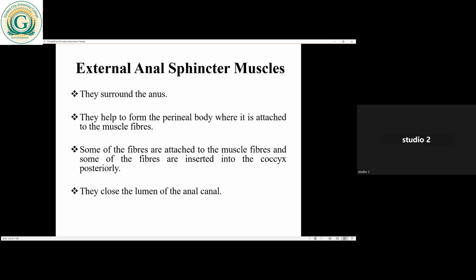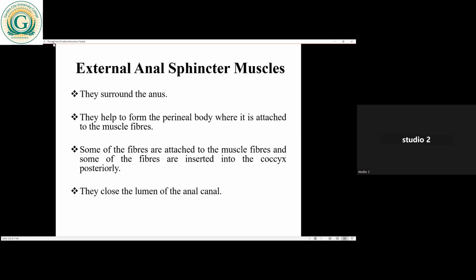These sphincters, remember I said the muscles we are doing, take note of their function in the pelvis. They close the lumen of the anal canal. What it means is that when you damage them, the anus will not be able to work, and the woman will become incontinent of feces after delivery.